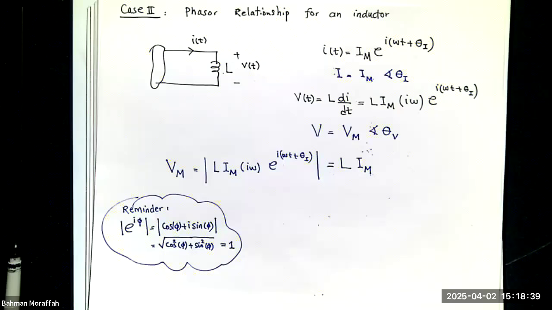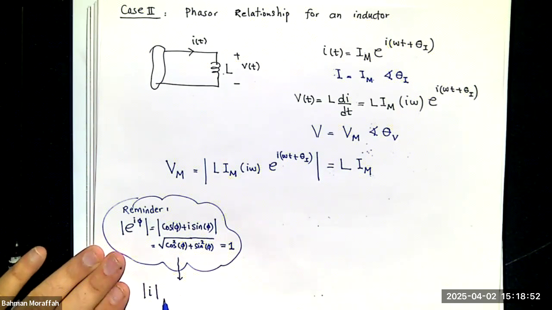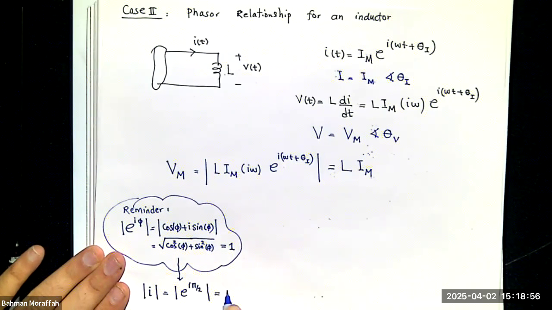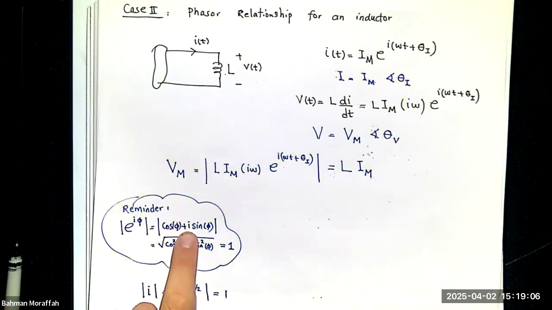Do you agree the imaginary number i is a special case of this when phi is pi over 2? So the absolute value of i is the absolute value of e^(i pi/2). That's always 1. Yes, that is the absolute value of cos phi plus i sine phi.